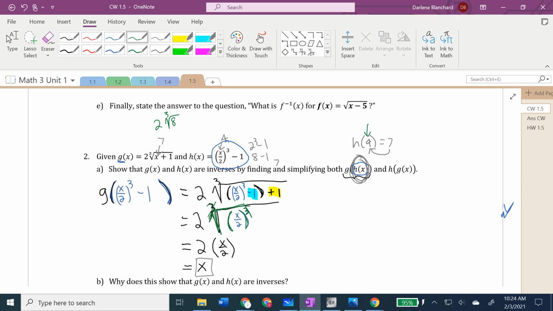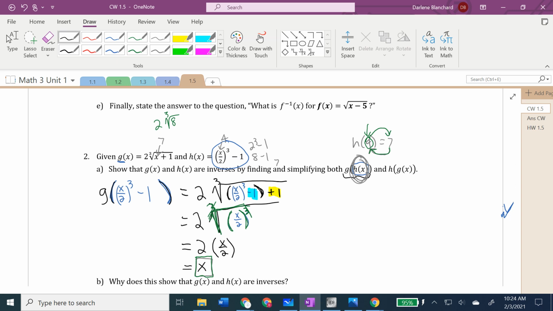If you put one of them inside the other, then your input on the original function gets an answer which goes into the inverse function and goes right back to where you started. So when inverse functions are inside of each other, when you simplify, you get just x, which would be your original input.